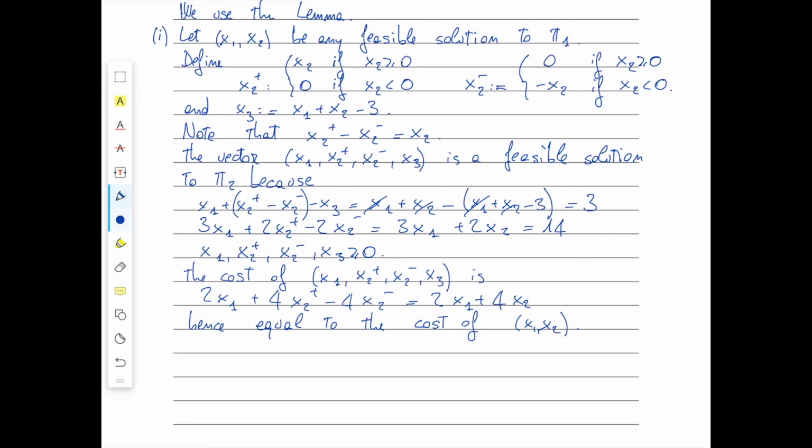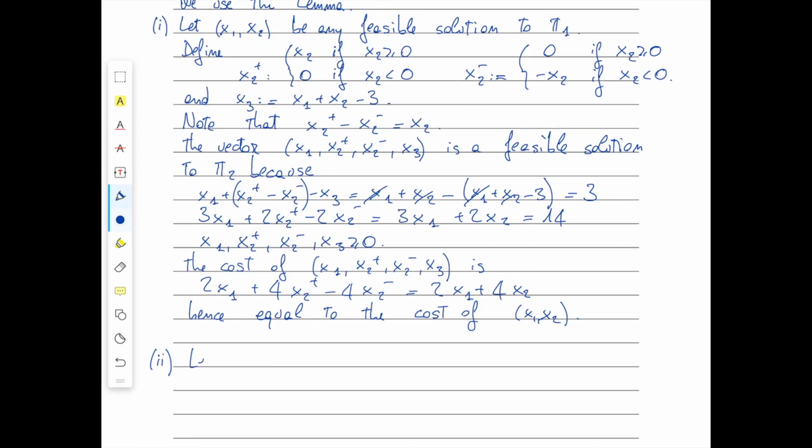Let's now focus on 2. Now we're starting instead from a feasible solution to pi2. Let x1, x2 plus, x2 minus, x3 be any feasible solution to pi2.